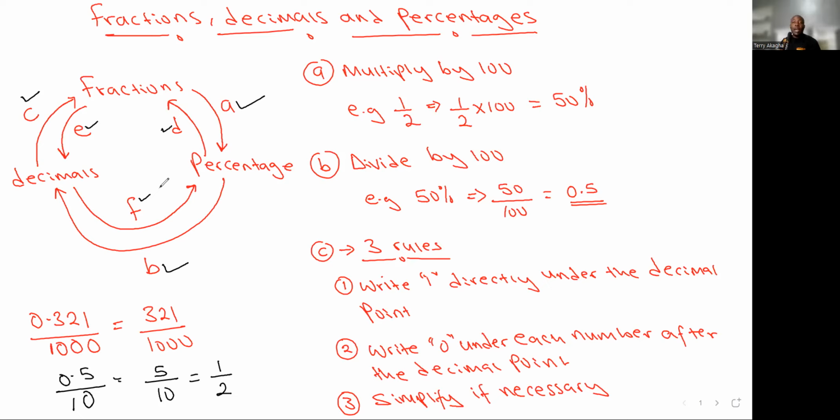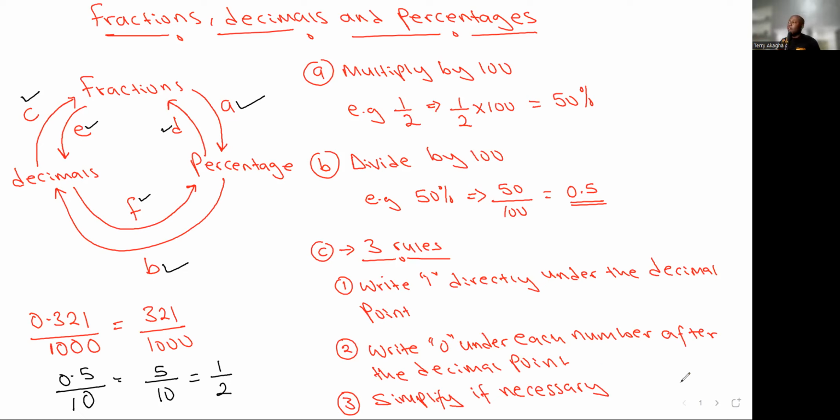So just a quick recap. When you're moving from fractions to percentage, you multiply by 100. When moving from percentage to decimal, you divide by 100. Now, when you're moving from decimal to fraction, you apply the 3 rules I told you about. You write 1 as the denominator under the decimal point. Then you write 0 under each number after the decimal point.